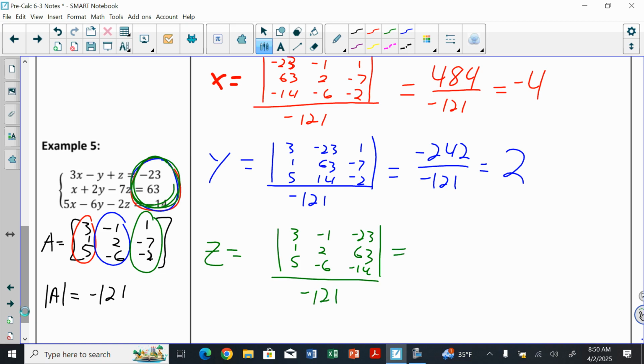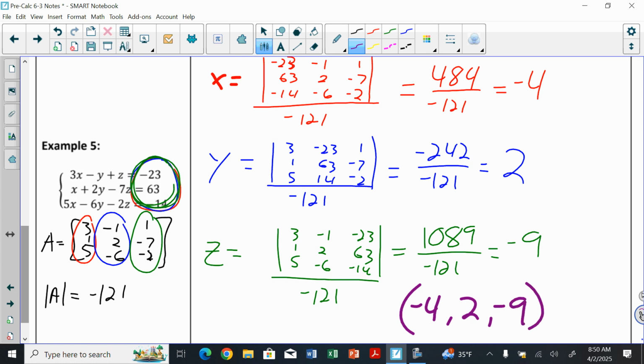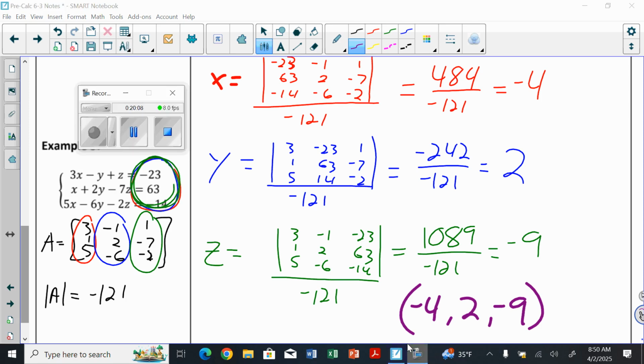Again, that's going to take the most time. I've got 1089 over negative 121, which then equals negative 9. So I've got my solution now. It's going to be an ordered triple: -4, 2, -9. Okay, so that is Cramer's rule, both with 2x2 and 3x3 matrices.